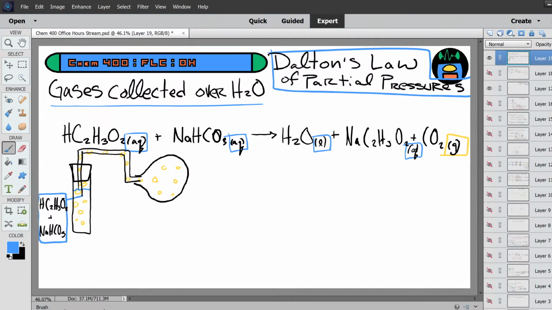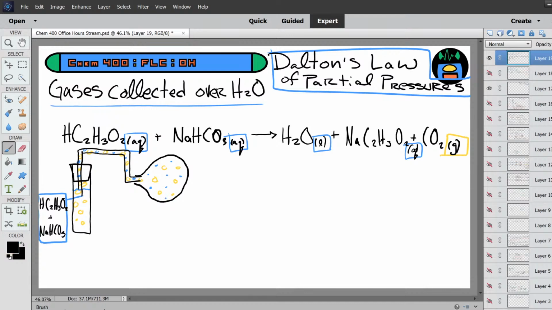That's because under atmospheric pressure and at room temperature, water is slowly leaving the liquid phase and joining the gas phase. So as the CO2 leaves and travels, water vapor is leaving and traveling with it.